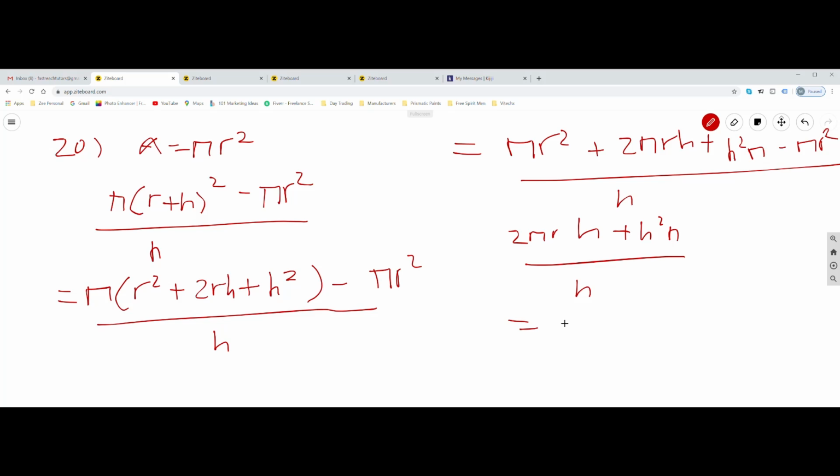So when you take out the h, you're left with h times 2 pi r plus h squared pi. For h, they cancel. So you're left with 2 pi r.